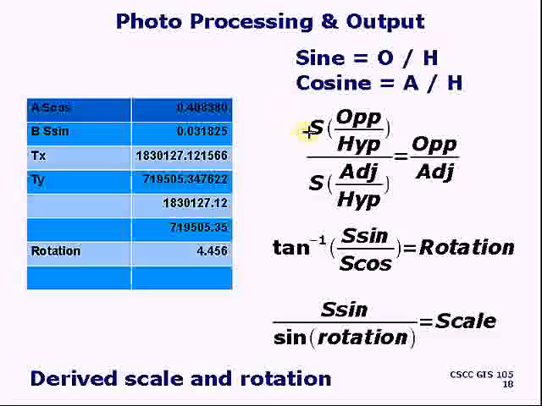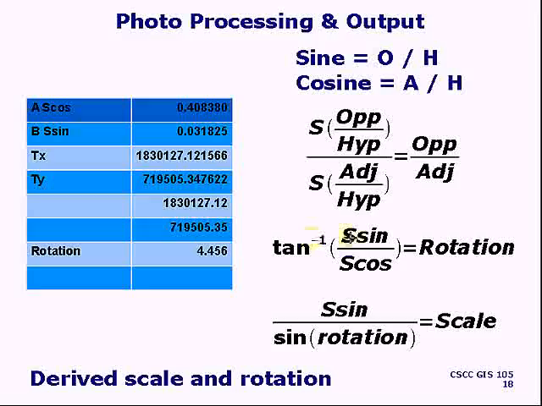So if we have that scale sine over scale cosine, it's all going to reduce, and we're going to have opposite over adjacent. So if we were to take those two factors, divide one by the other, and then get opposite over adjacent, that is going to be the tangent of the rotation.